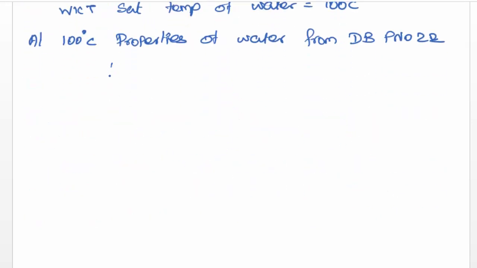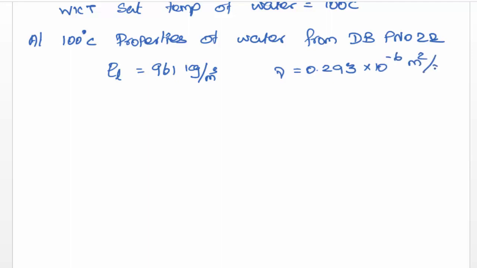The properties are: density of the liquid equal to 961 kilogram per meter cube, and nu value equal to 0.293 into 10 to the power minus 6 meter square per second.